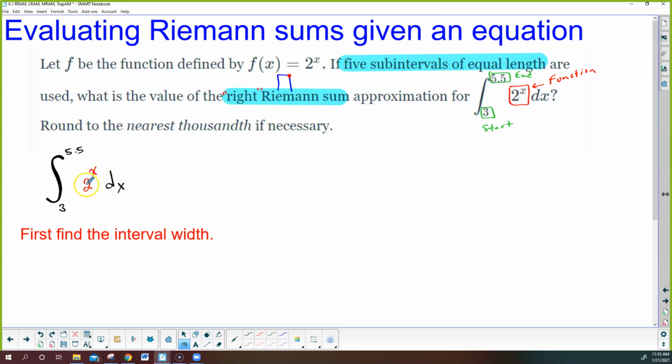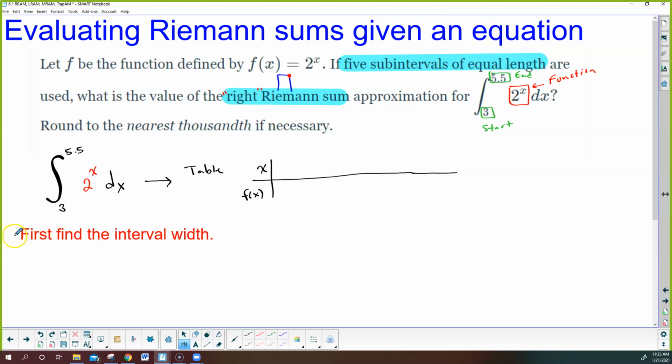Now, there is a very, very strong connection to what we did in the Kahoot to this 2 to the power of x. Whose derivative gives me 2 to the power of x? We don't really know that yet. We'll get there, but that's not our concern right now. Okay? What I want to do is I want to come up with a table. So we know in a table, we got inputs and outputs. And I want 5 intervals of equal length.